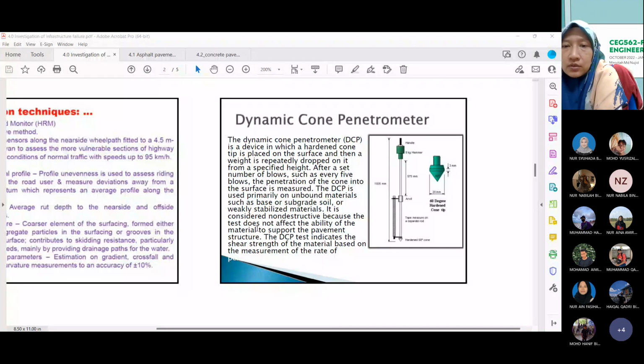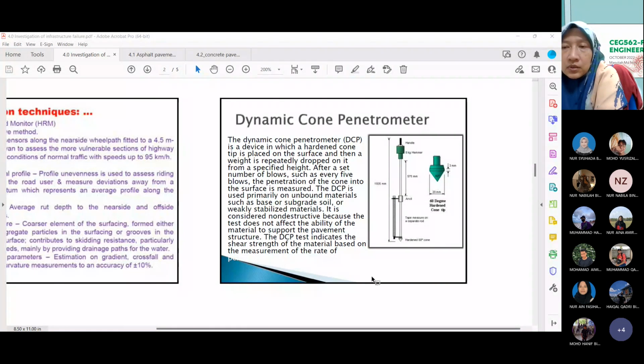So it is considered non-destructive because the test does not affect the ability of the material to support the pavement structure. So the DCP test indicates the shear strength of the material based on the measurement of the rate of penetration of this device. So this DCP, of course, it is measuring on the strength of the material. Kalau kata strength material kat sini ni, it highlighted for subgrade dan juga subbase lah.